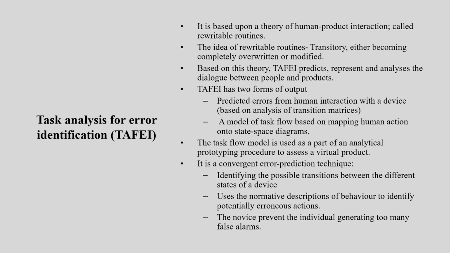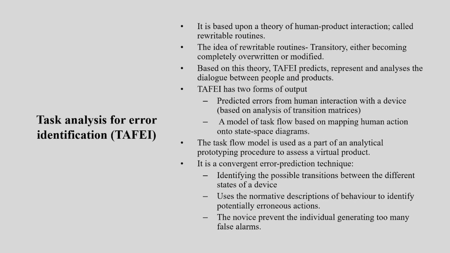So based on this theory, this task analysis for error identification represents and analyzes the dialogue between people and product. This particular tool has two forms of output. First is predicted errors from human interaction with a particular device. So when you are interacting, what are the predicted errors?